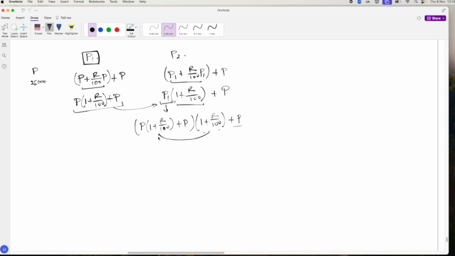This multiplied by this gives me P into 1 plus R over 100 squared, and then plus P into 1 plus R over 100, and then plus P. Now this is P2.